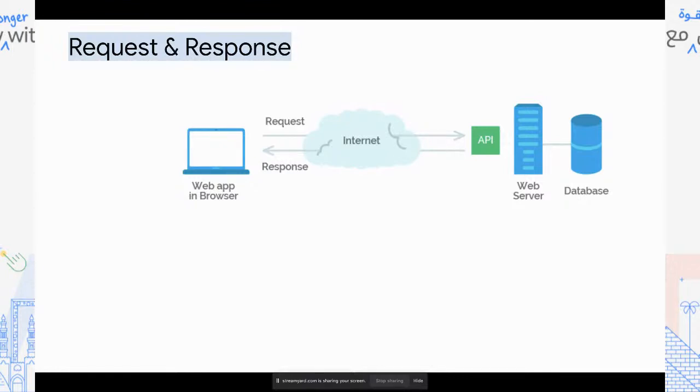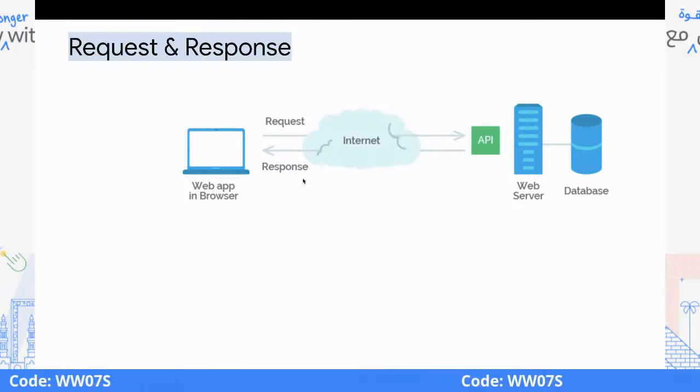So that's what request means. Whereas response is nothing but the reply that you get back from the API, from the database itself. That's the response. Just like in our common language terms, it maps exactly to that.